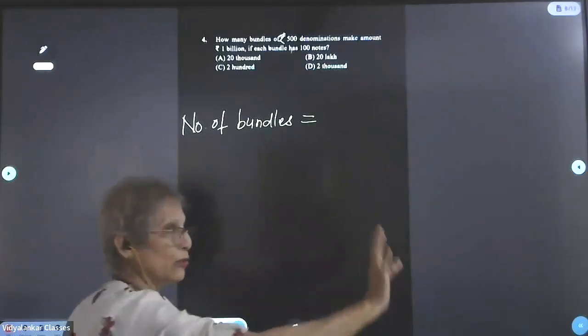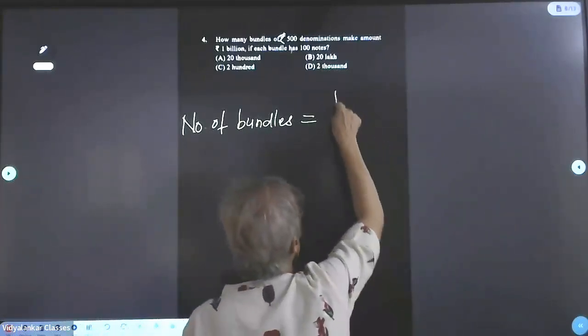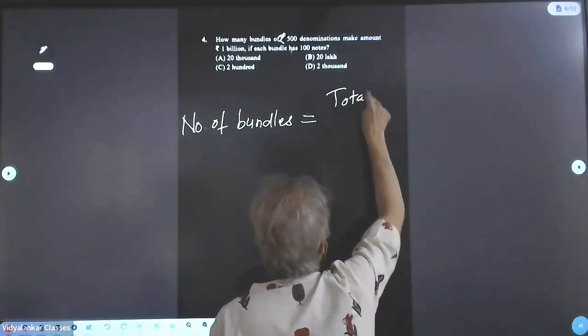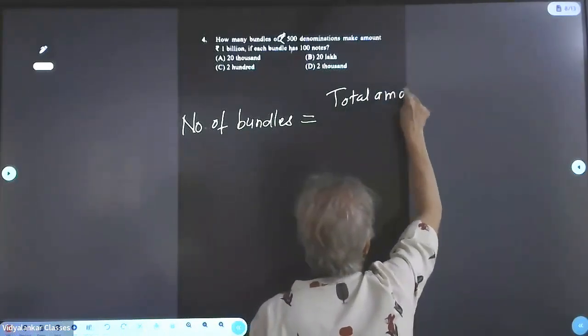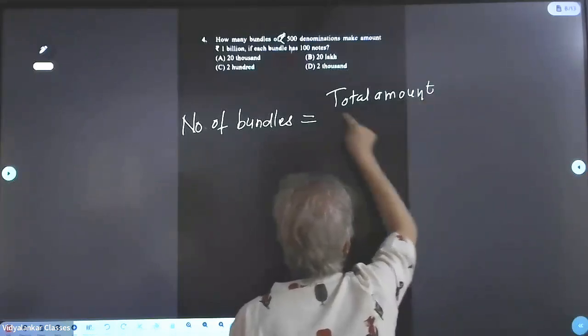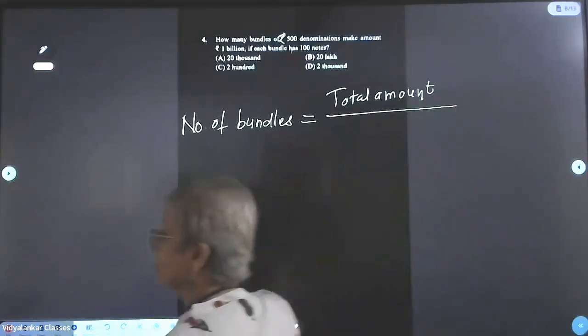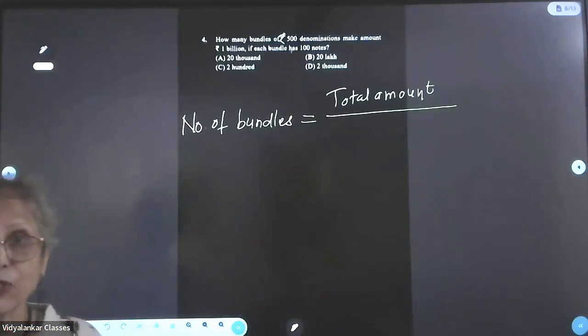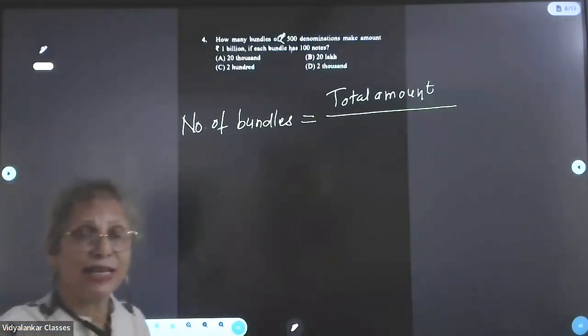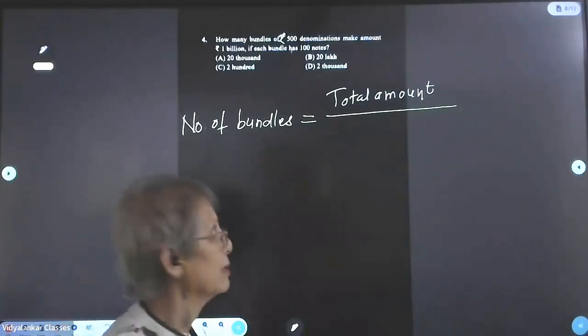So again, here there is one formula: number of bundles equal to, again, total amount divided by, now here we have to divide by the amount of each currency note as well as the number of notes in one bundle.